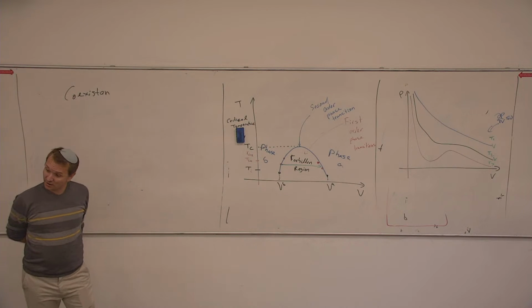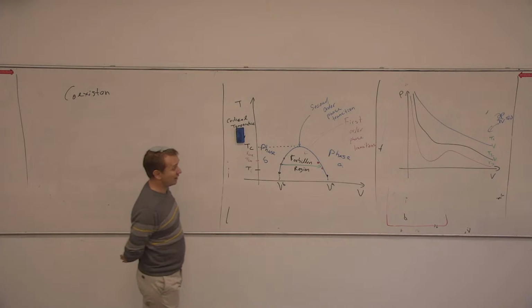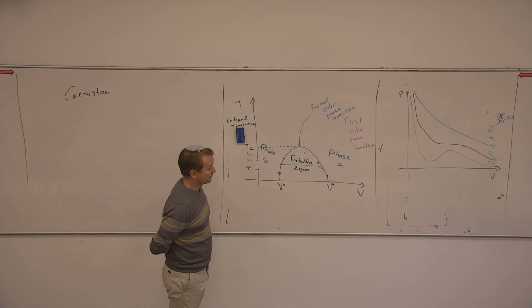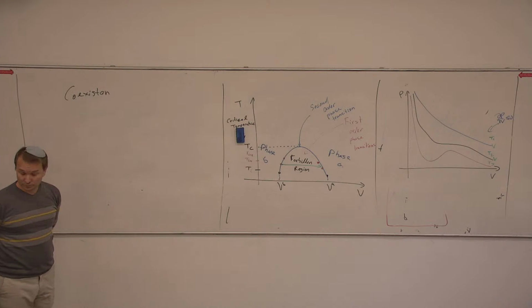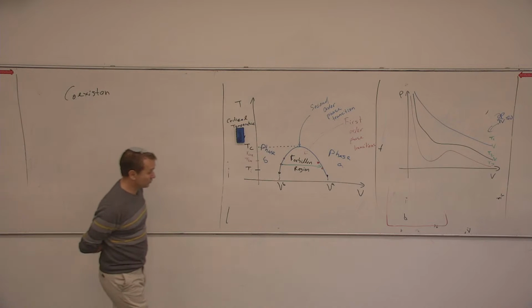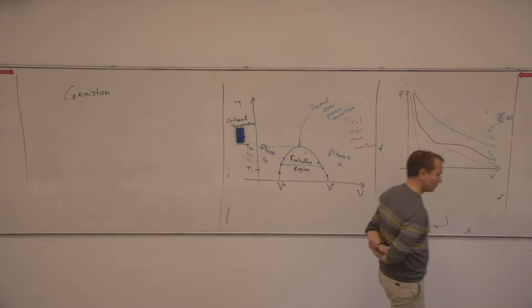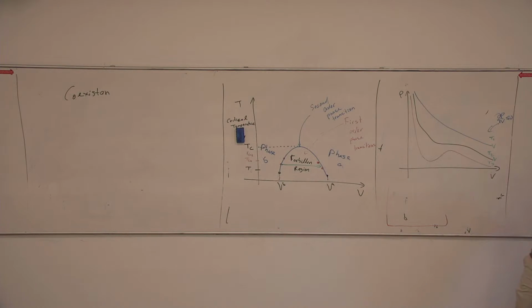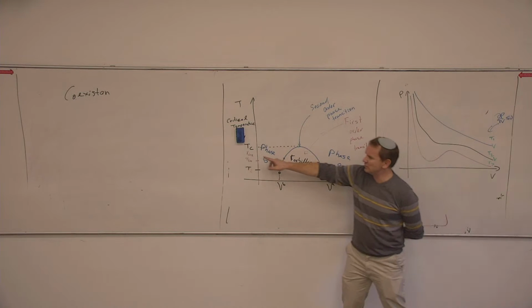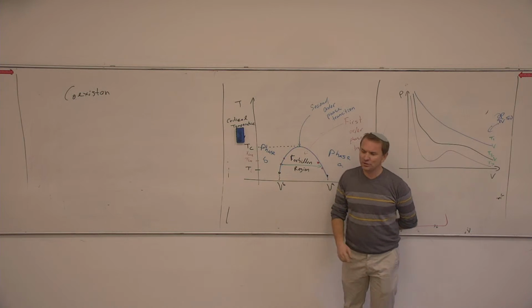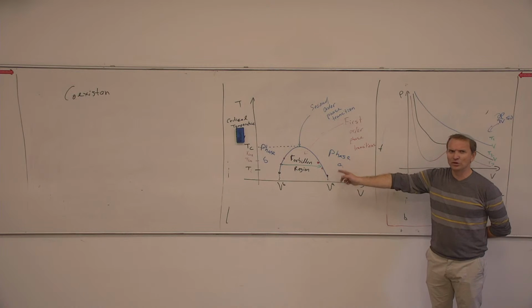Yes? We said that the graph of P as a function of V changes for a certain T, right? For some critical T. My question is whether it can be extracted from the van der Waals equation. So the question is, do I have to go through all this trouble in order to find this TC? And the answer is no, you don't have to plot this parabolic shape.